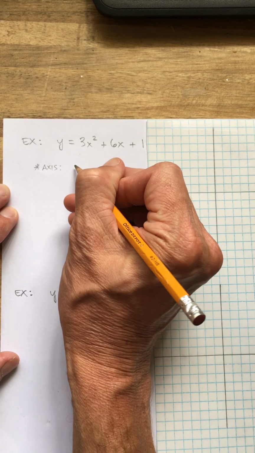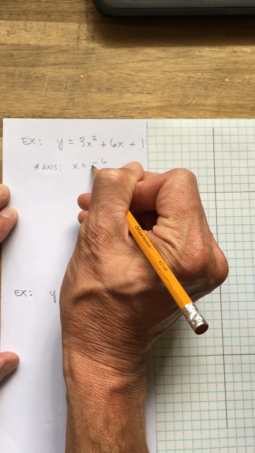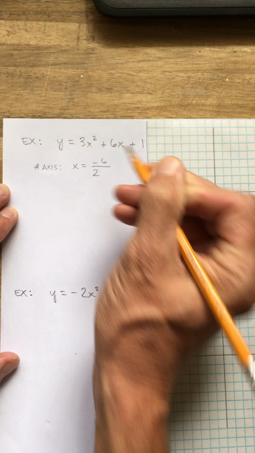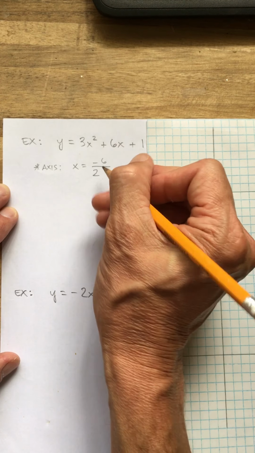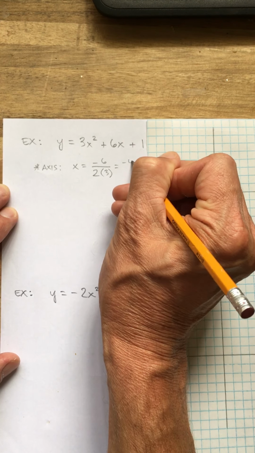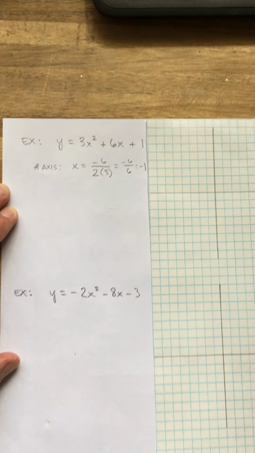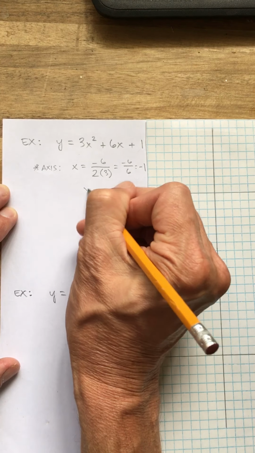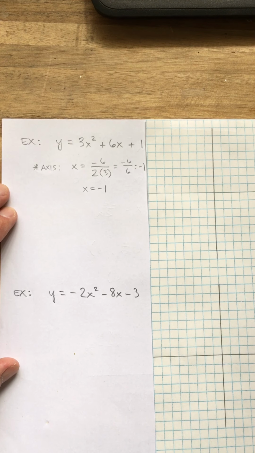So axis is x equals negative 6 over 2 times your a, which is 3. And we get negative 6 over 6, which equals negative 1. So my axis is x equals negative 1.